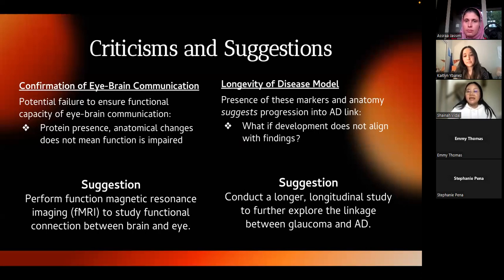They also found that it progresses from the start of our visual processing, within the retina, all the way back into our actual visual cortex. So again, with the longevity criticism, that's part of the reason why we suggest this, to see if that progression follows what's being hypothesized in this article.